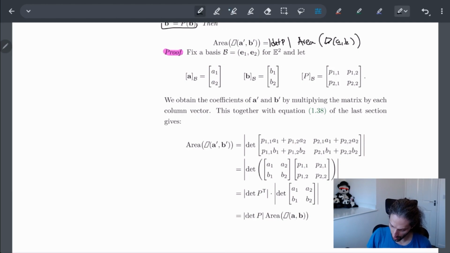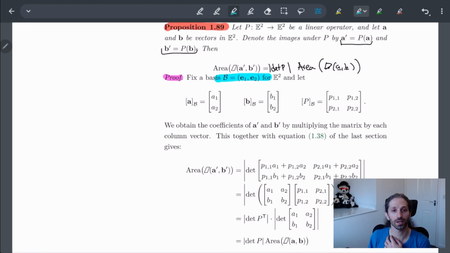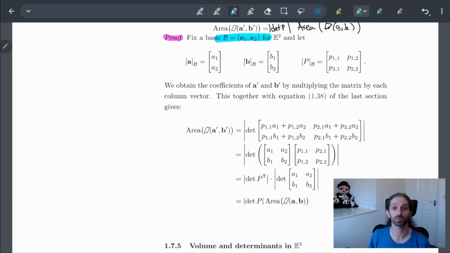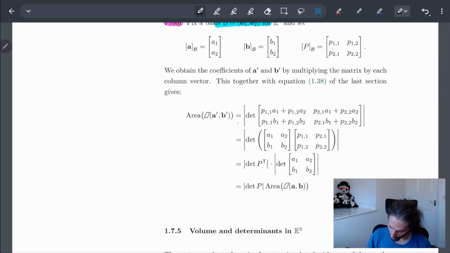So a quick little proof: we start off with some basis, and we write everything out in terms of this basis. Then we look at the coefficients of A prime and B prime by multiplying the matrix by each of the column vectors. What is basically happening is that we get new coefficients, because we've now applied the linear operator.